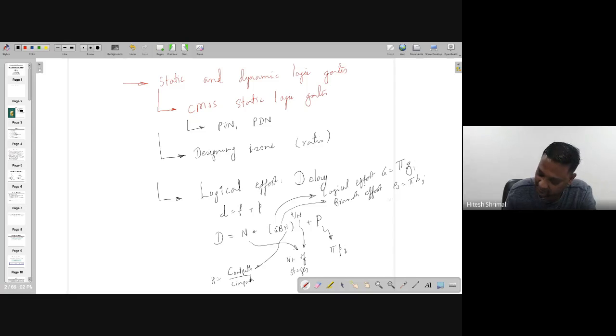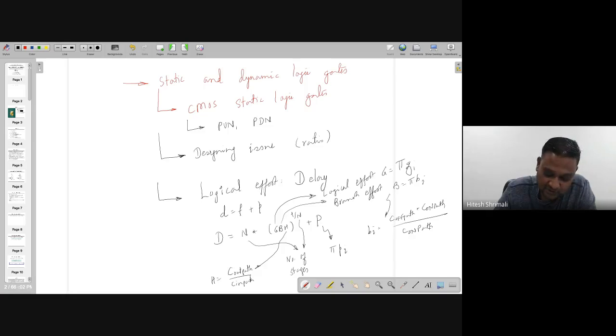And this branch b is nothing but C off path plus C on path divided by C on path, right? So this is the thing we have learned in the past few lectures.